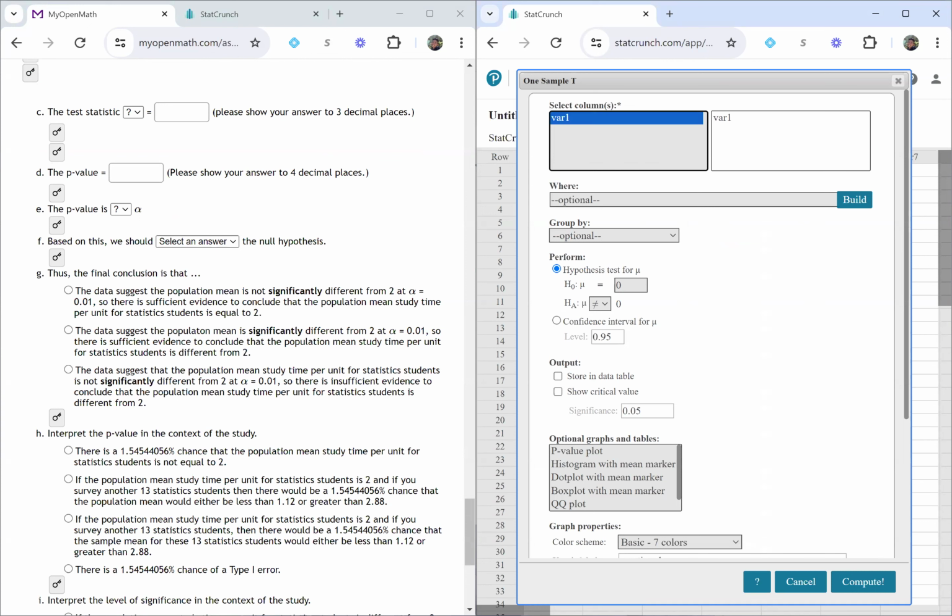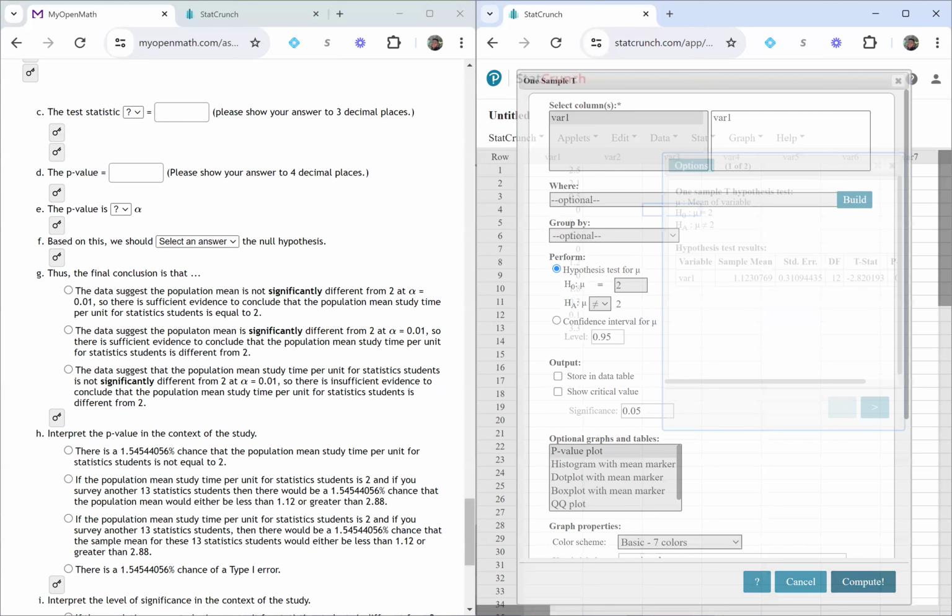Now I'm going to select the column I want, and for my hypothesis test, I don't want that to be 0, I want it to be 2. And then the alternative, just that it's not equal to 2. I'm going to look for the p-value plot, and I'm going to compute.